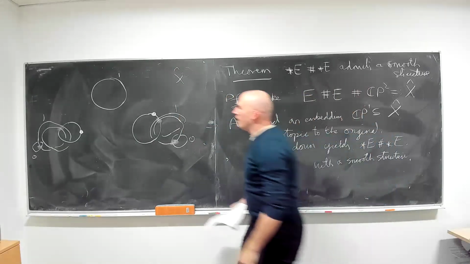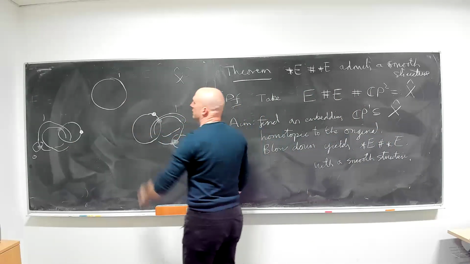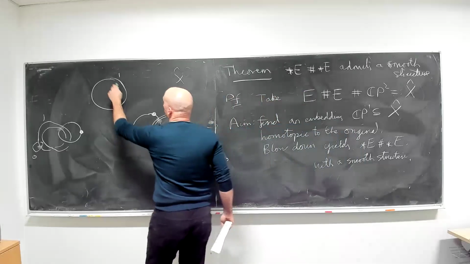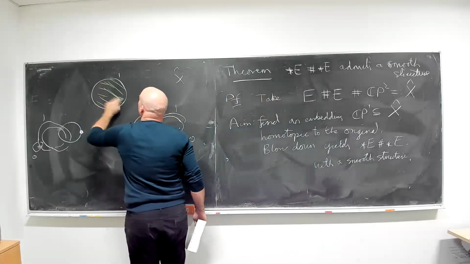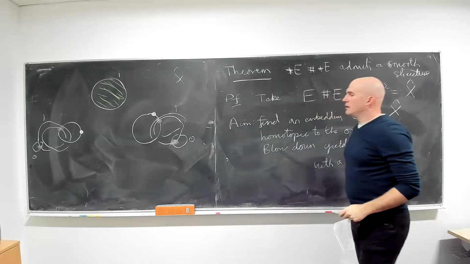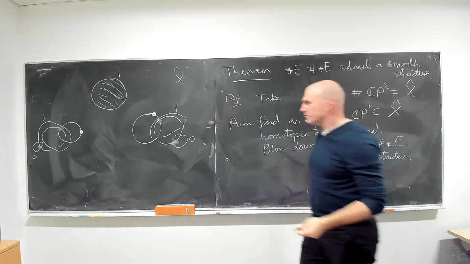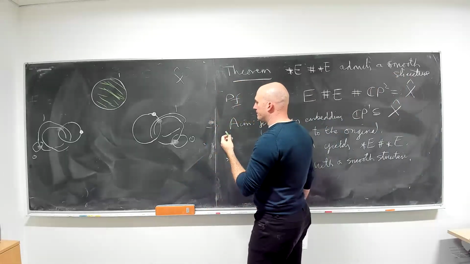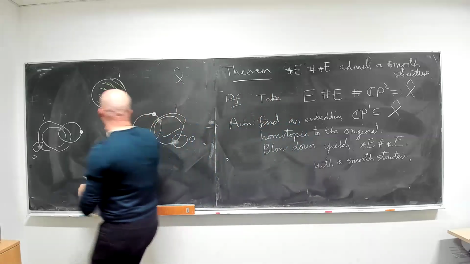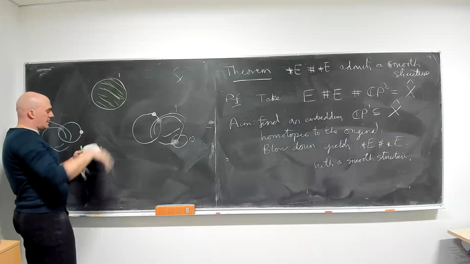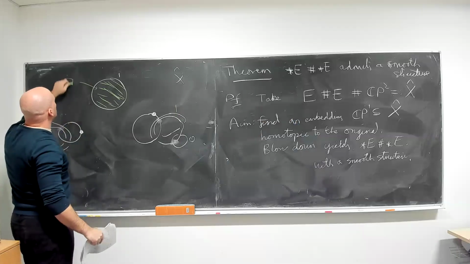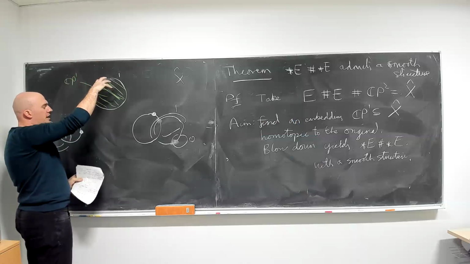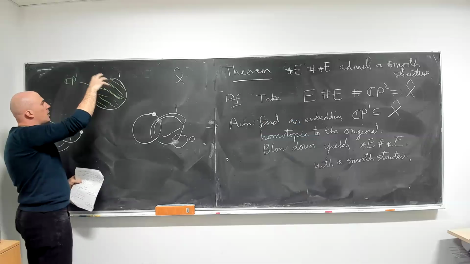The connect sum of a copy of E and another copy of E and a CP2. There are some 3 handles and a 4 handle that are not mentioned. And this green disk here, this is what I've been calling CP1. If I cap this off with the core of the 2 handle, then I get the CP1 in CP2.